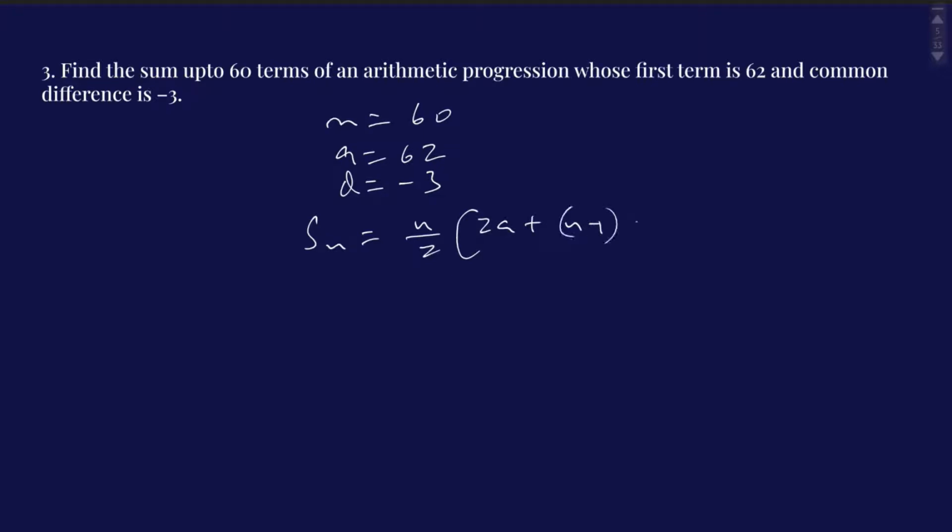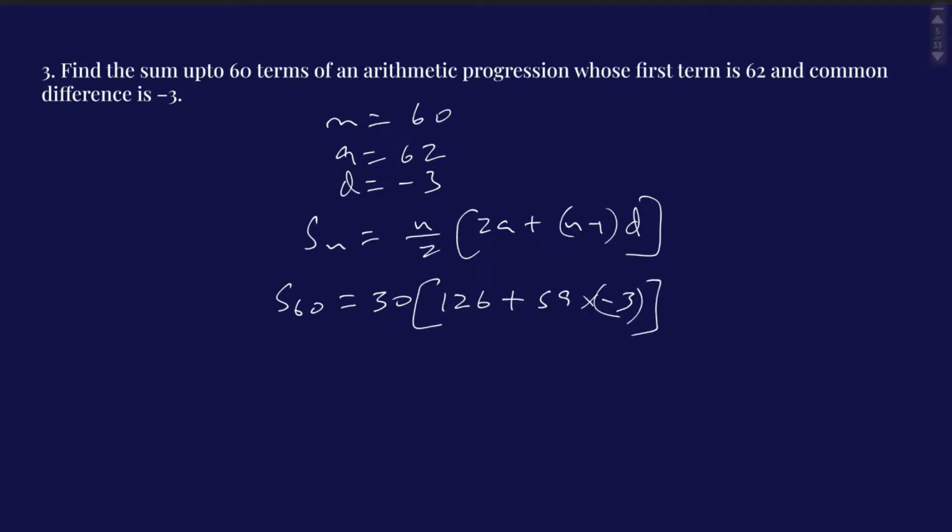Okay, so when we put in values, sum of 60 terms is going to be equal to 60 by 2, which is 30, into 2a, which is 2 into 62, 124, plus (n minus 1)d. So n minus 1 is going to be 59 into -3.